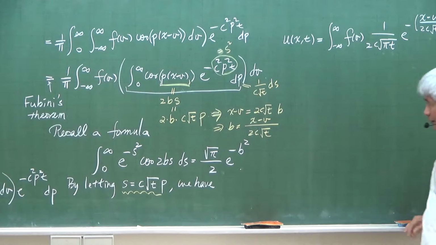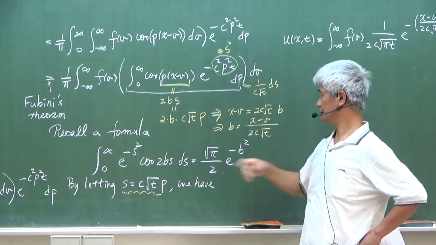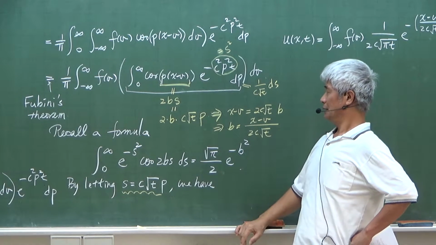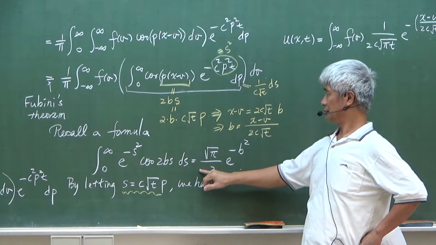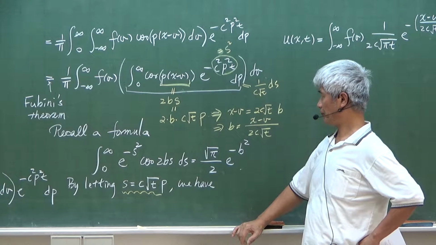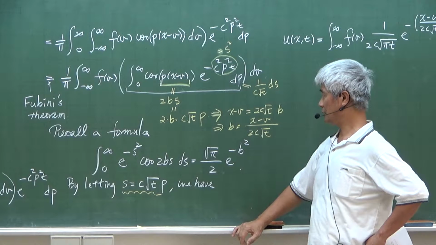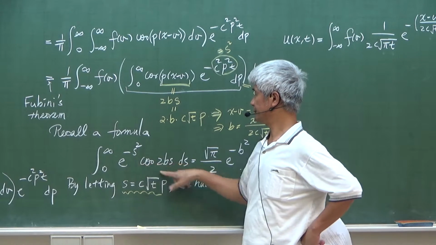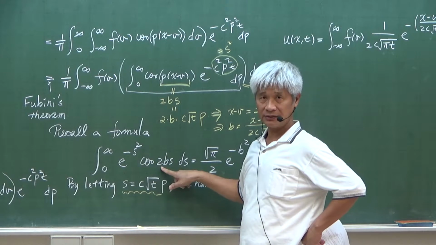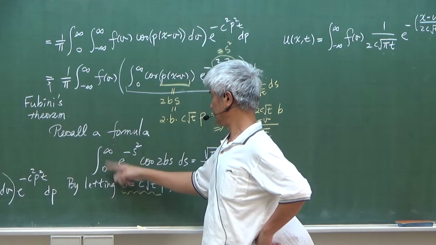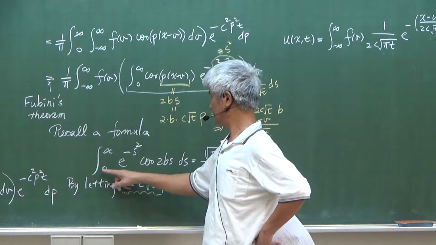There are quite a few ways to find the formula. One way is that, well, you can look at that. This is an even function, right? Even function. So you can extend the interval to infinity.